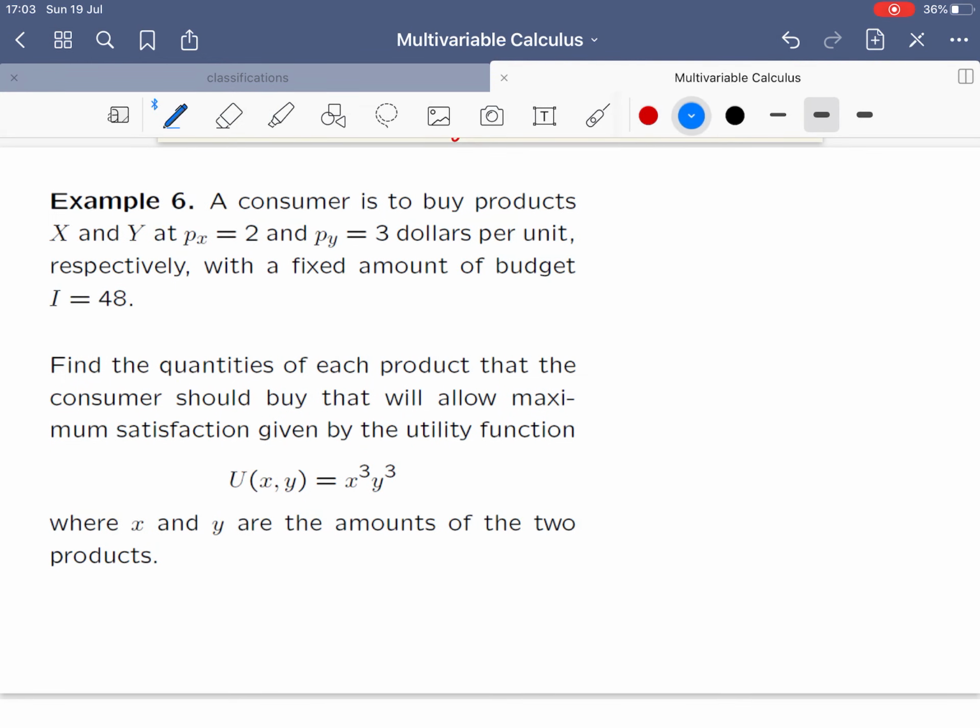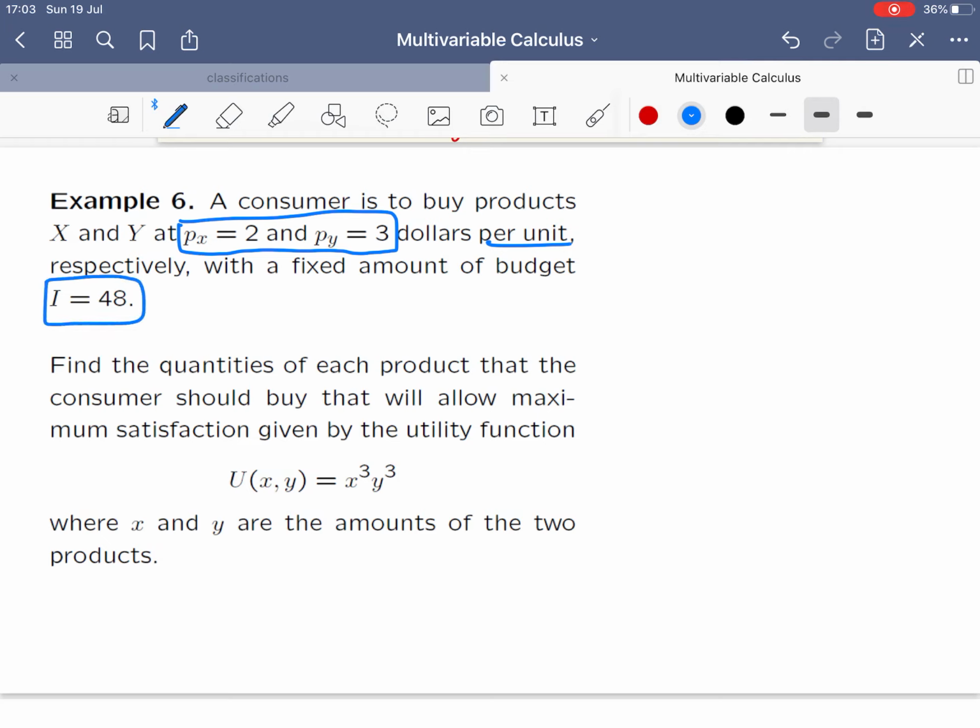It says that a consumer is to buy products x and y at the prices px equals 2 and py equals 3. Of course, this is the price per unit, but they have a fixed budget of 48.